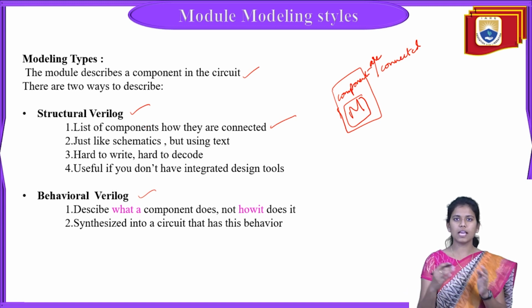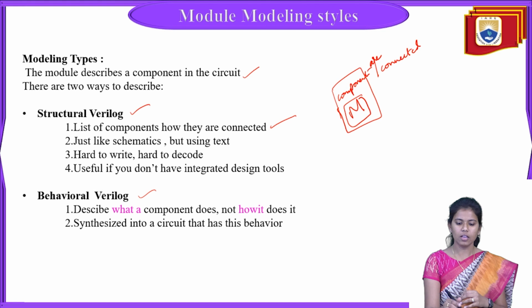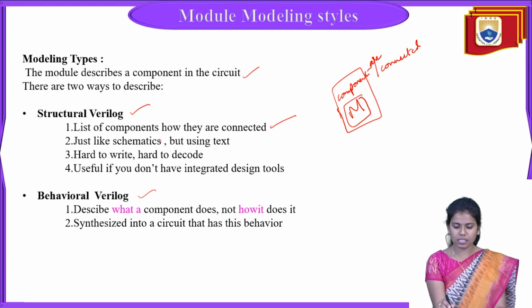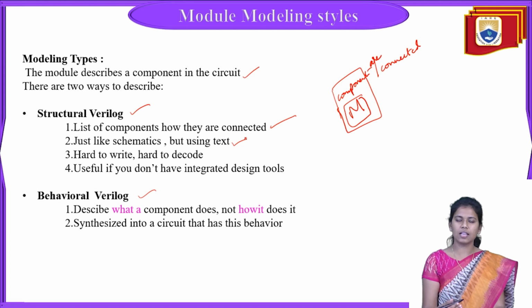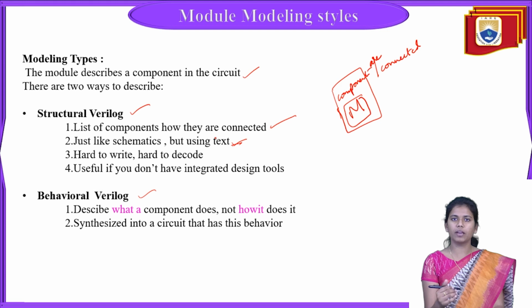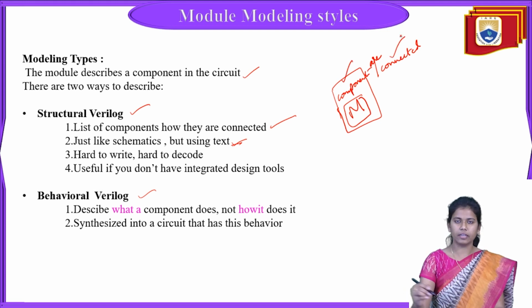In structural Verilog, we observe how the components present in the module are connected. We see the list of components and the connections. This is what we see in structural Verilog. Just like semantics, by using text, we represent what components are present and how they are connected.